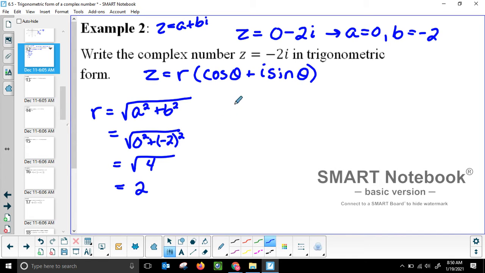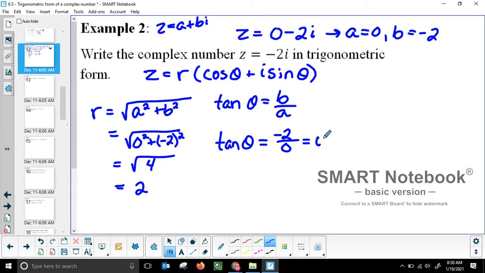Now to get our theta, we use the fact that tangent of theta is equal to b over a. In this case, tangent of theta is equal to negative 2 over 0, which we know is undefined.